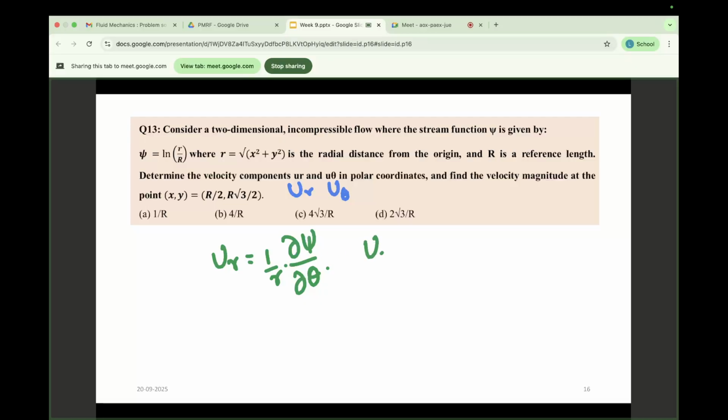And for u theta, it should be minus dou psi by dou r. As it is theta, the derivative is with respect to the opposite one. So just differentiate the given psi and you will get the answer. Please try to solve.